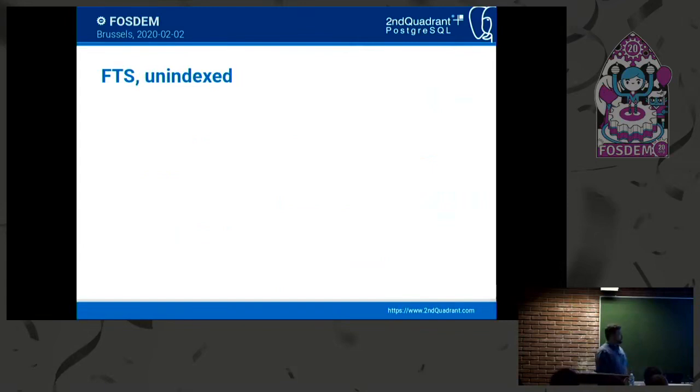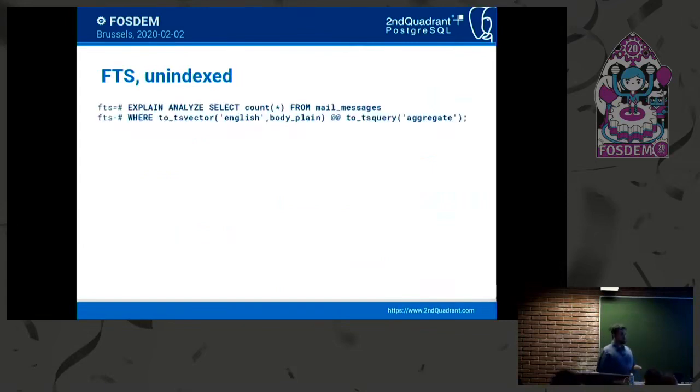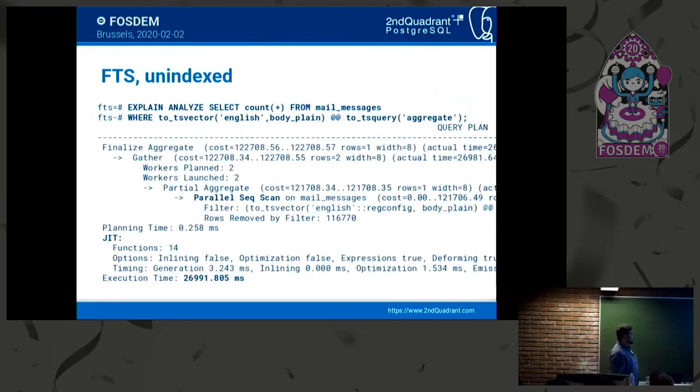Now, let's see what unindexed full-text search looks like. I will do an explain analyze, and that will show me how my query is being executed. And my query is going to be select count from mail messages. So find me all the emails that contain the word aggregate. And when I run it, it will do a parallel sequential scan, because in recent versions of Postgres, you can have parallel scans of tables.